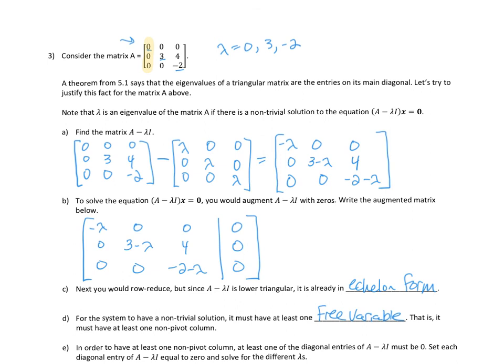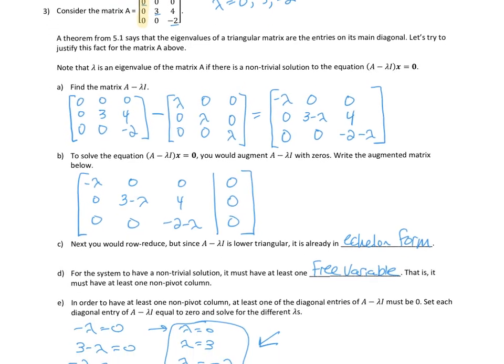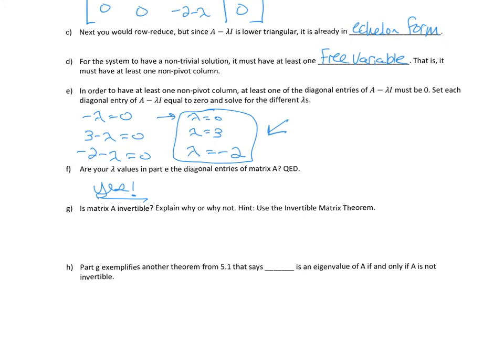That column of zeros means that the columns are linearly dependent, which means A is not invertible. No, because columns of A are linearly dependent.